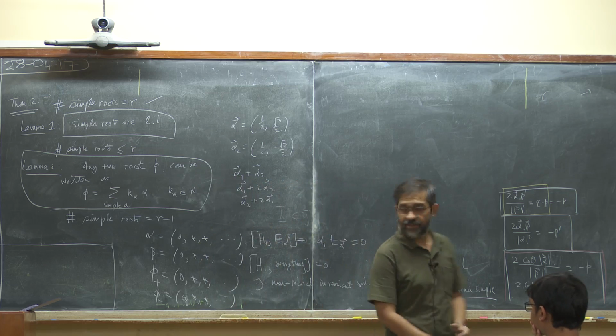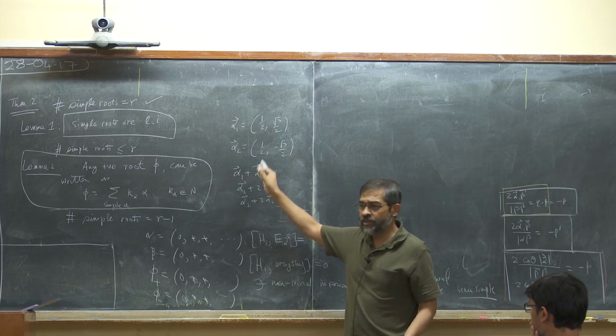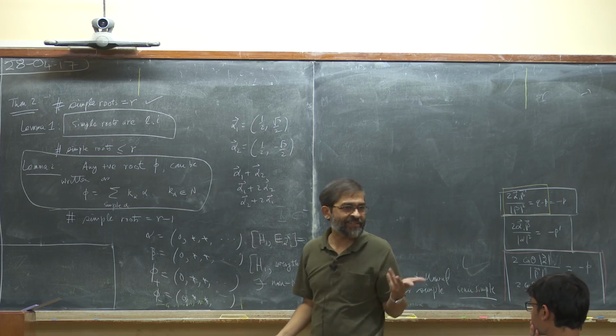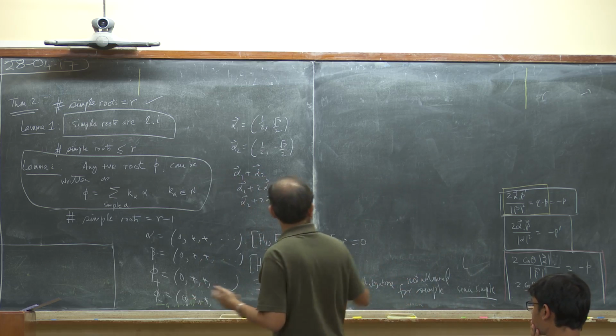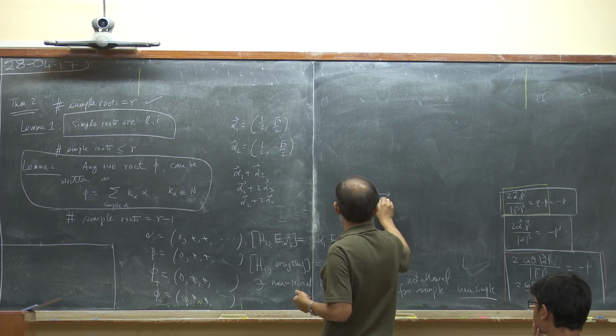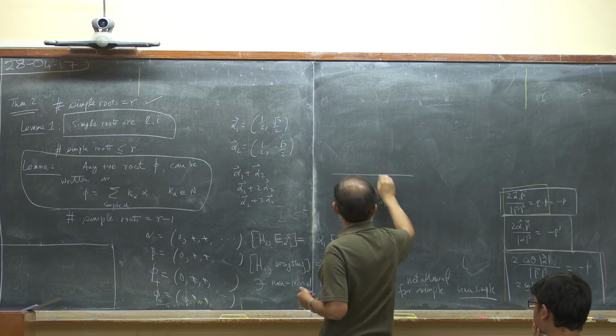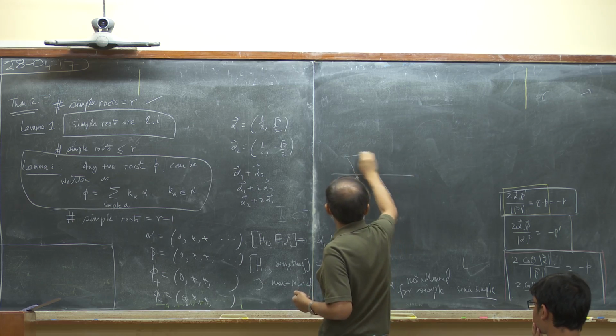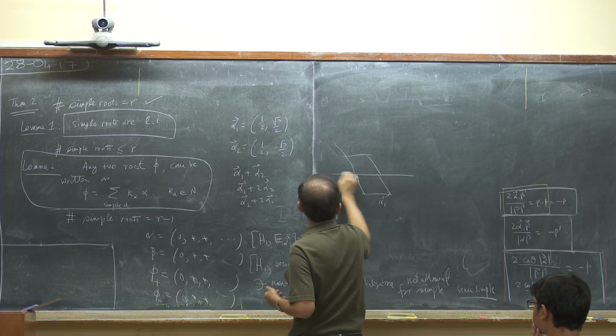So, first of all, you know this thing called a lattice, right. What you do is to draw some alpha 1 and alpha 2 and draw a lattice. This thing is called a root lattice.